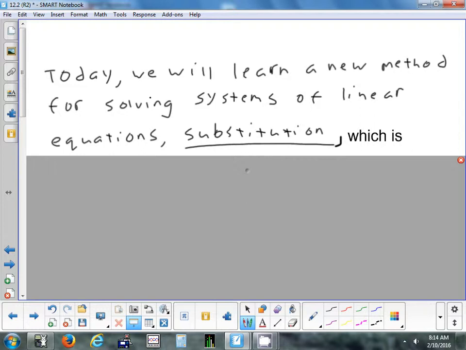It says linear. I don't know if I've emphasized this a lot, but what does linear mean? Solving linear systems is very different than solving non-linear systems, which we're not doing. Did anybody see a word in linear? Straight line, yeah. Line. So we're basically finding where lines cross.